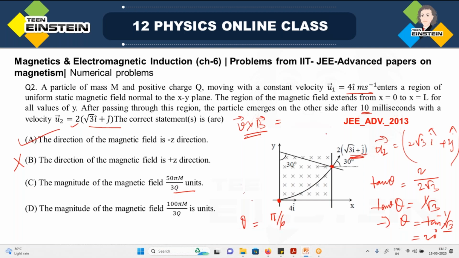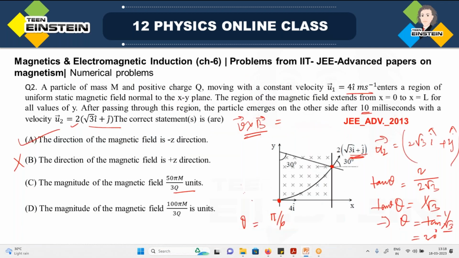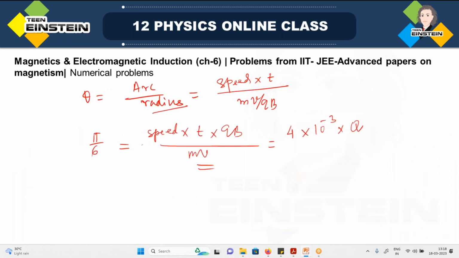So we have to find out the magnitude of the magnetic field. That's it. This is speed into time.